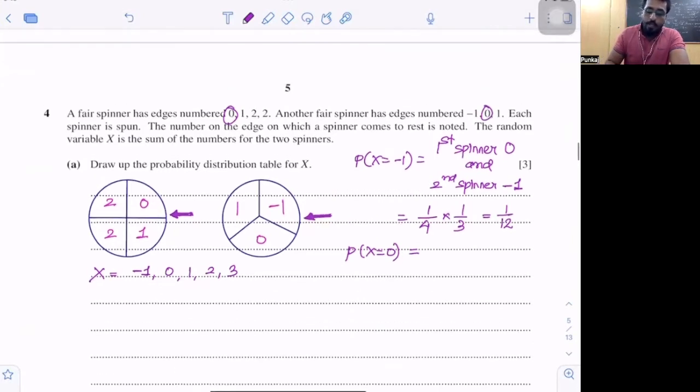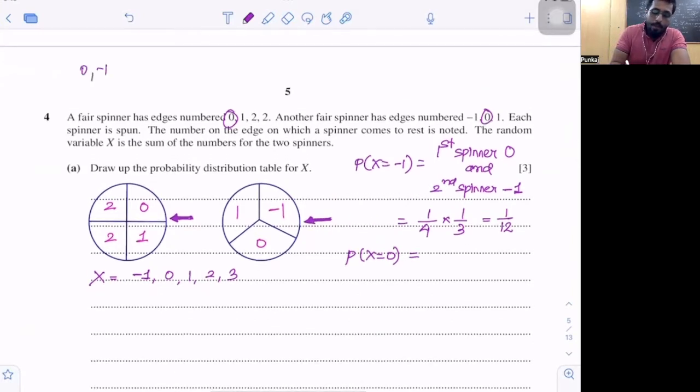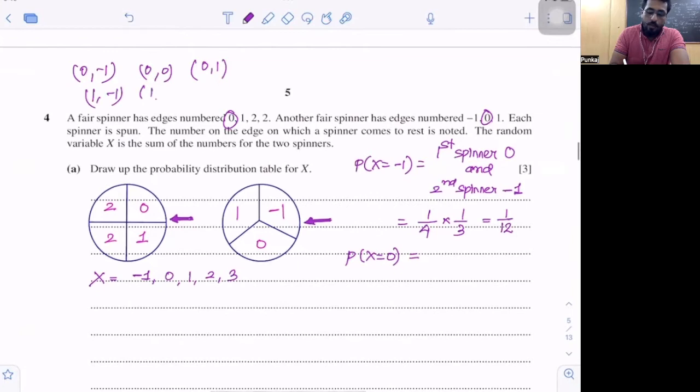The outcomes were like this: 0, -1; 0, 0; and 0, 1. Then 1, -1; 1, 0; and 1, 1. Then 2, -1; 2, 0; and 2, 1.